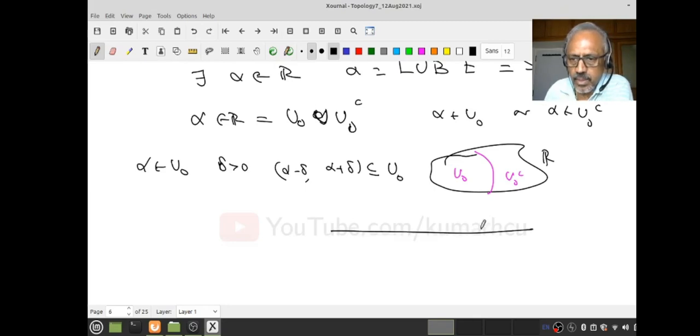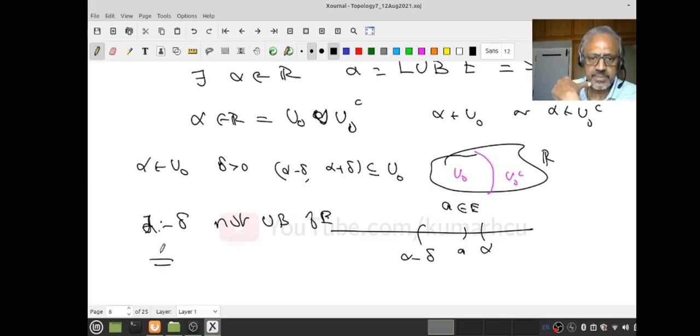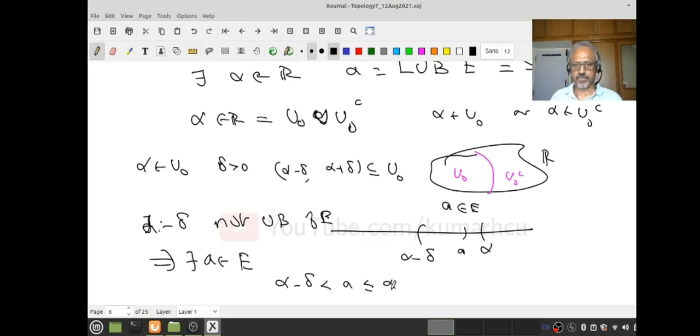Now I have alpha, the LUB of E, and you have alpha minus delta. Therefore, this is not an upper bound for the set E. Since it's not an upper bound, there exists an A in E so that alpha minus delta is less than A, less than or equal to alpha, because alpha is the least upper bound, in particular an upper bound.